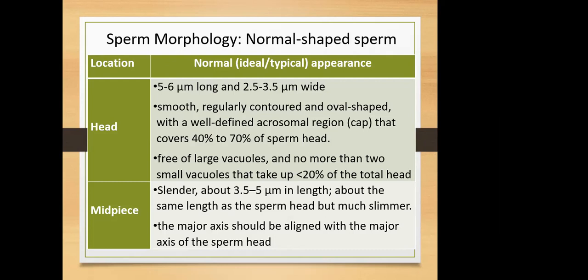So you have an idea about something in the range of 5 to 6 microns. I'm sure you always have in mind the size of an RBC. A normal RBC is around 7 microns. So if this one is 5 to 6, it means it's just a little less than a normal RBC.